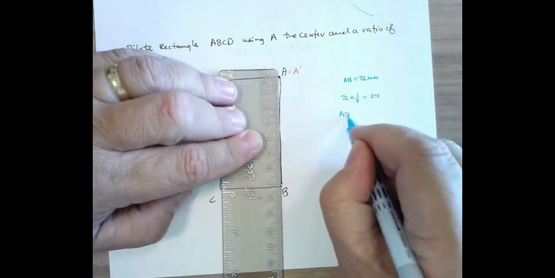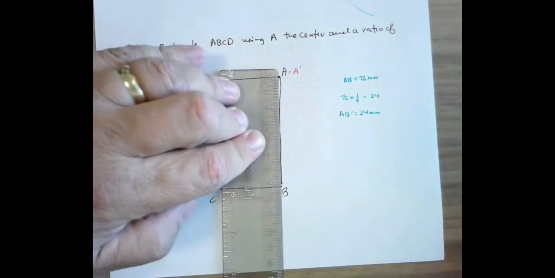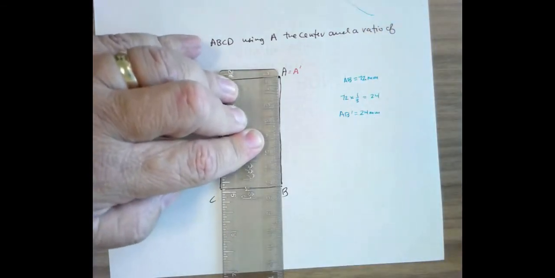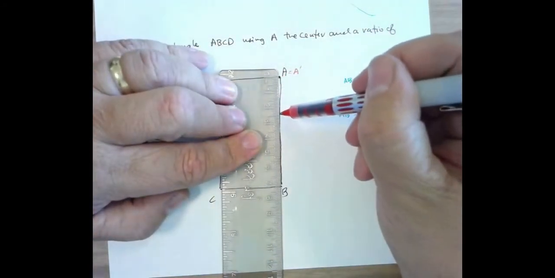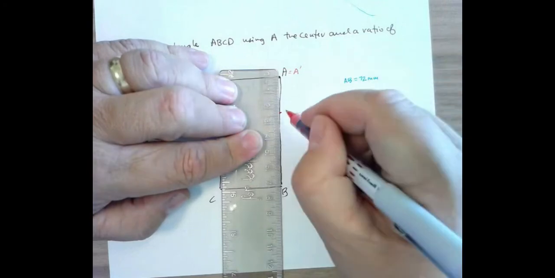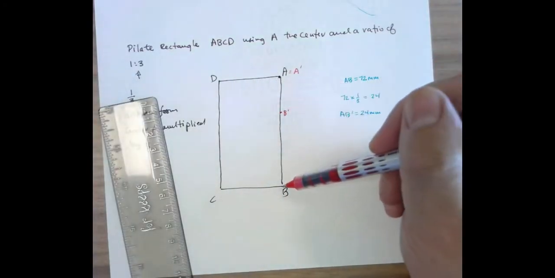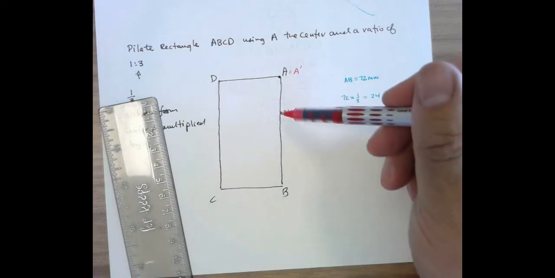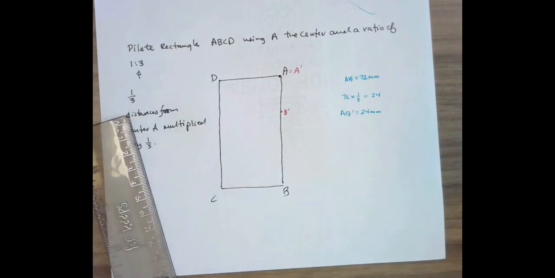So A to B prime is 24 millimeters. So I'm going to come in here real close. 24 millimeters. It's around there. And that's where B prime will be. So the distance from A to B is 3 times A to B prime. A to B prime is 1/3 of A to B because the scale factor is 1/3.